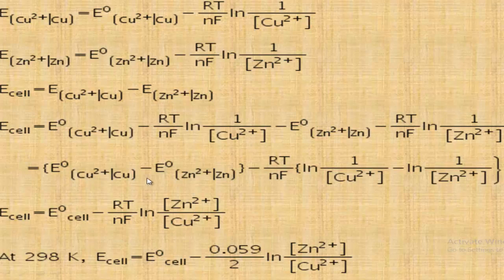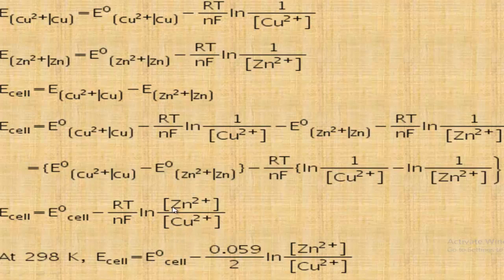So here, instead of these parts, we can write the standard state cell potential, because we know that standard state cathode reduction potential minus standard state anode reduction potential equals standard state cell potential. Now minus RT by nF ln, we can write zinc ion divided by copper ion.